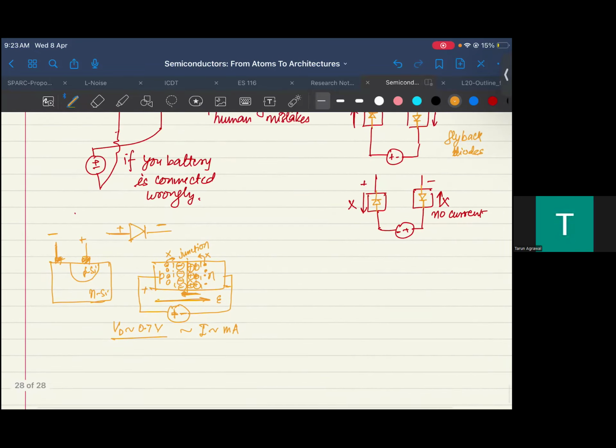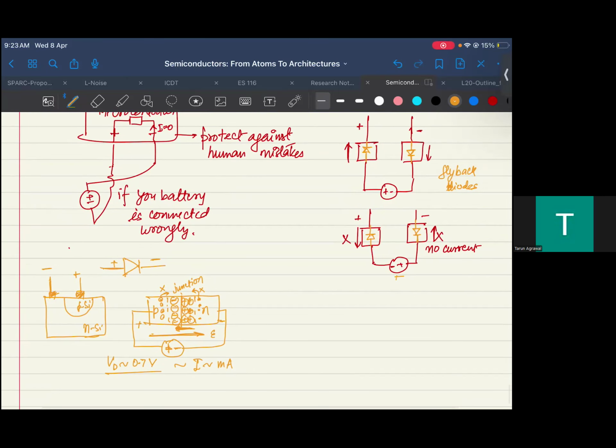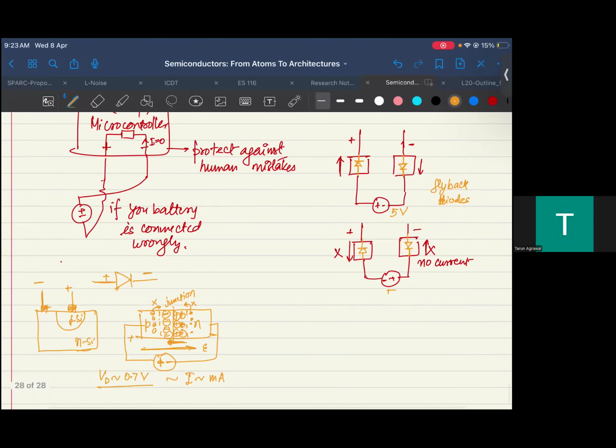Because I am going to power my microcontroller with a 5-volt battery, right? And you are telling me that I will have a drop of 0.7 or whatever across the diode itself. So if both diodes have 0.7 volt, I am actually dropping 1.4 volt just there.